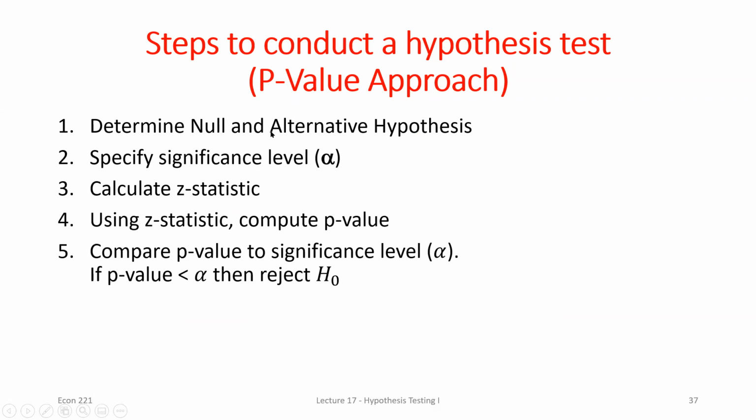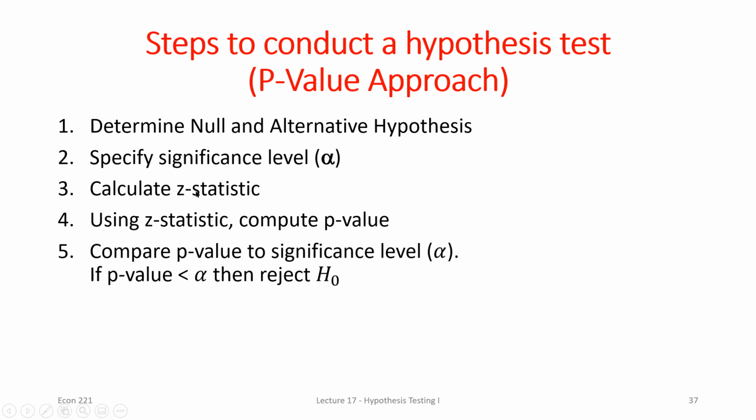So here are my steps, right? I determine the null and alternative hypothesis. The other thing that we need is to specify an alpha. I haven't talked about this quite yet, but we'll come back to this. Once I find my p-value, and I know the probability I saw something this many standard deviations away or further, at what probability am I okay rejecting the null?